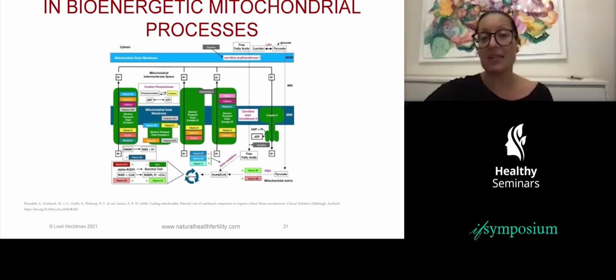But if we look specifically at other relevant nutrients that are involved in the bioenergetic mitochondrial process, we can see a number of different nutrients that are indicated in a number of different roles and places within some of those cycles. But you'll see some heroes that will keep coming up again and again, things like selenium and vitamin E and CoQ10. So it's really important to establish that when we're having our patients that we can ensure appropriate fatty acid metabolism.